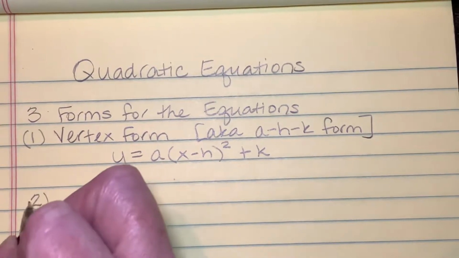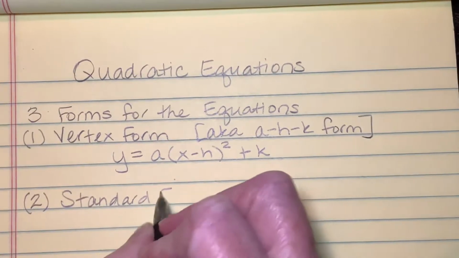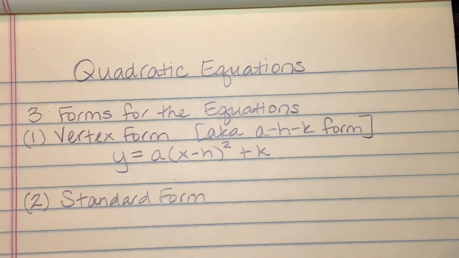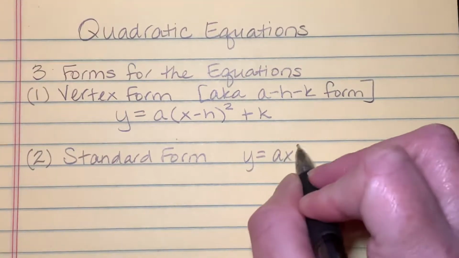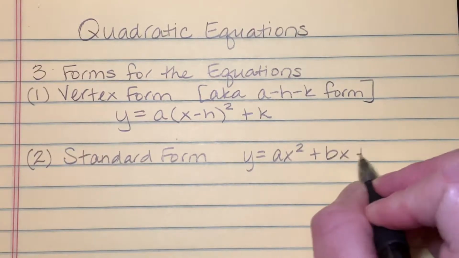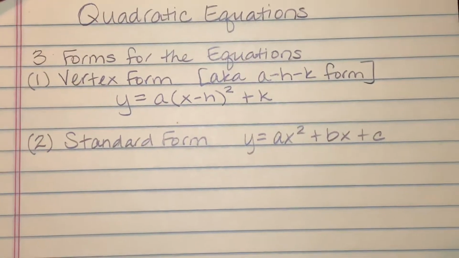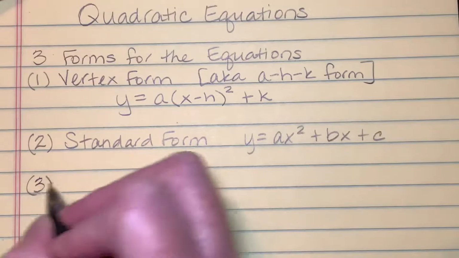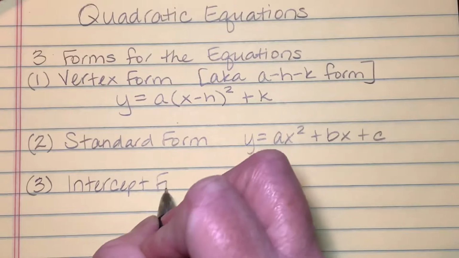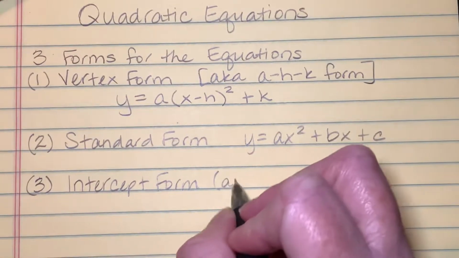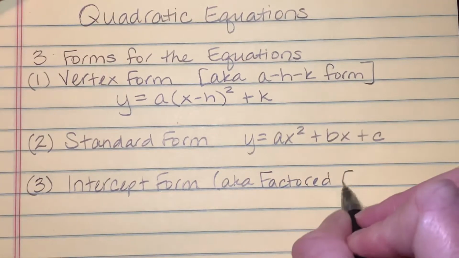The second form we're going to look at is standard form. And standard form we've seen also. Standard form is y equals ax squared plus bx plus c. Right, we've seen standard forms of equations before. And then the third form that we're going to look at is called intercept form, or we're going to say AKA factored form because sometimes it's referred to as that.